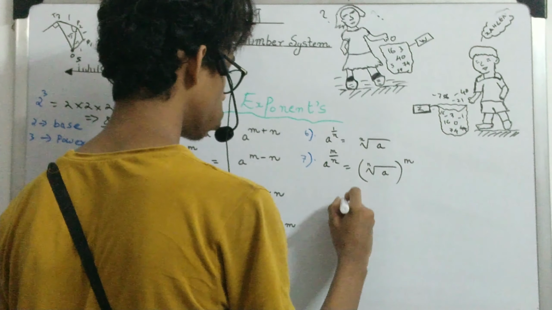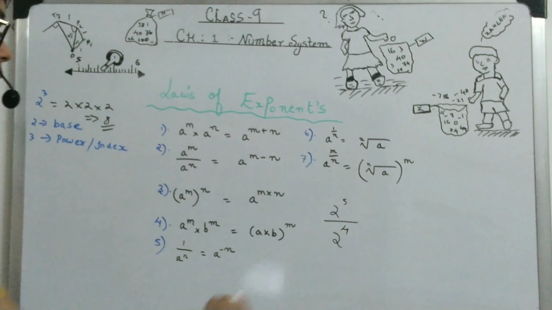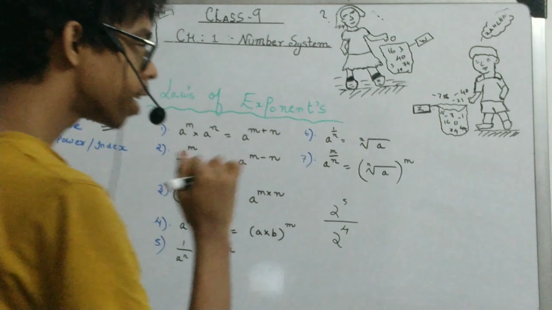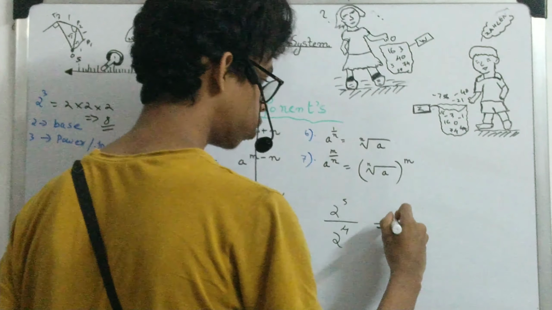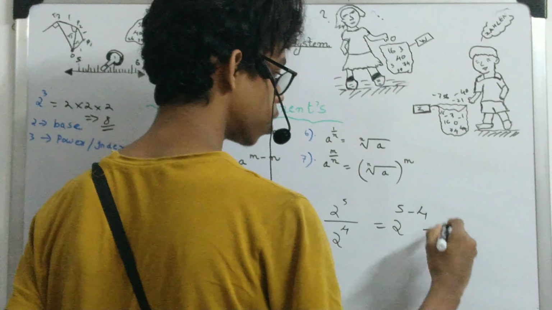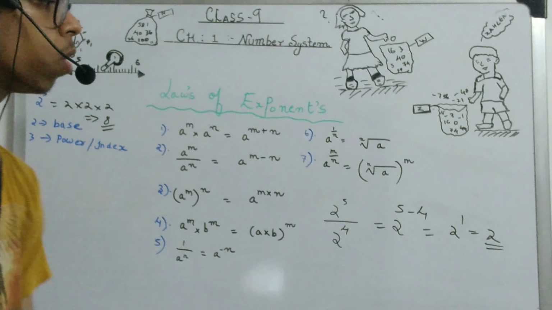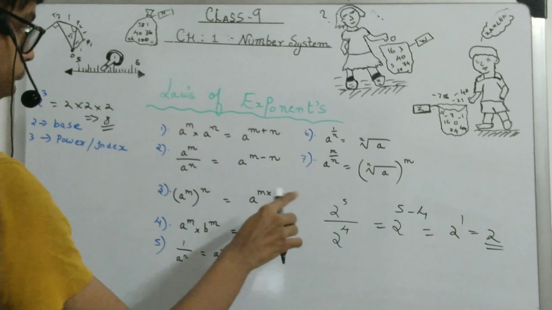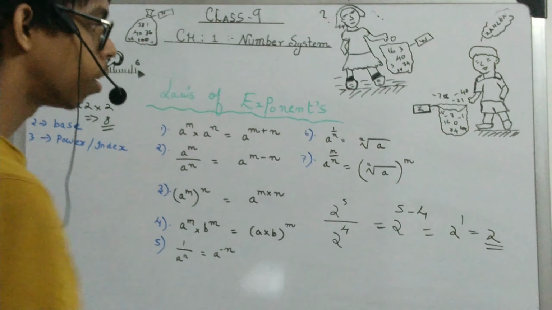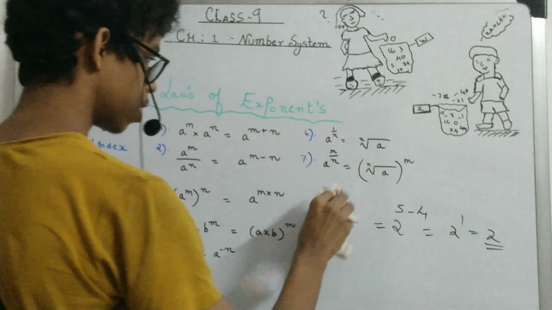For example, 2 raised to 5 divided by 2 raised to 4 is 2 raised to 5 minus 4. 5 minus 4 is 1, and 2 raised to 1 is 2 itself. So we got our answer as 2. Basically, when multiplying we add, and when dividing we subtract. I hope this is clear.